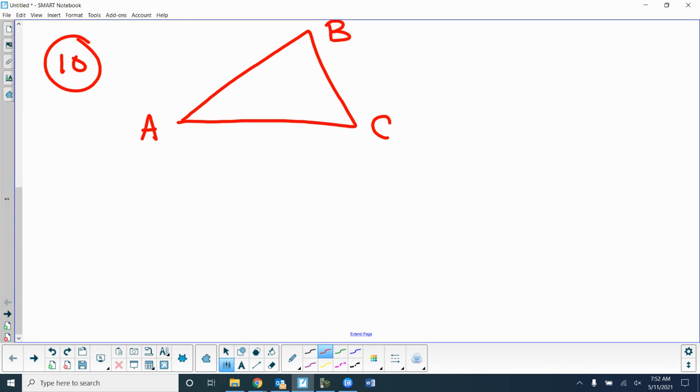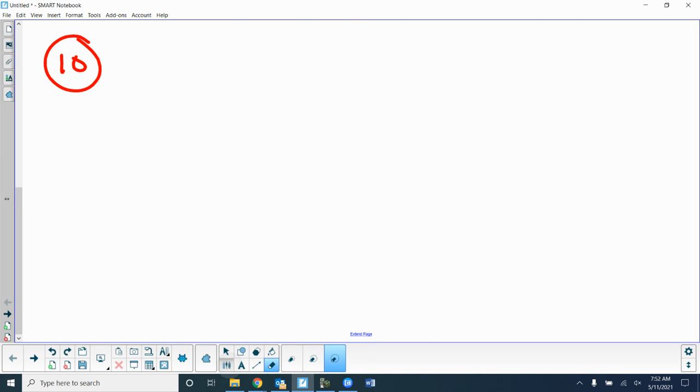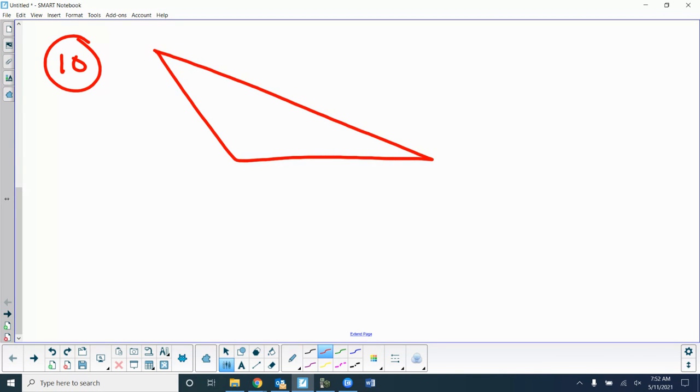But I will. I'll make it look like it's supposed to. 125 is an obtuse angle, so it's bigger than 90. And that was angle C, so I'll make this one C. It's a big angle. Then B and A, it doesn't really matter. I'll just put B here and A up here.